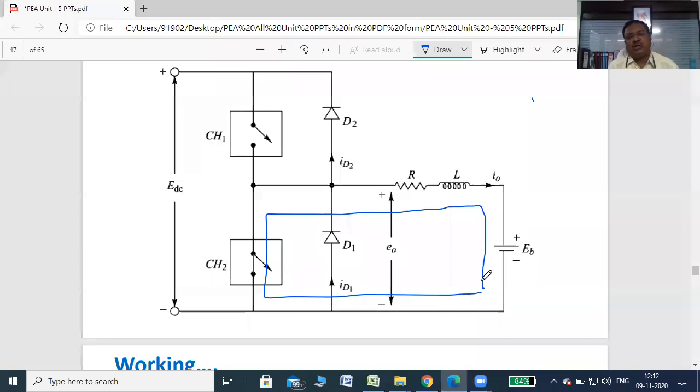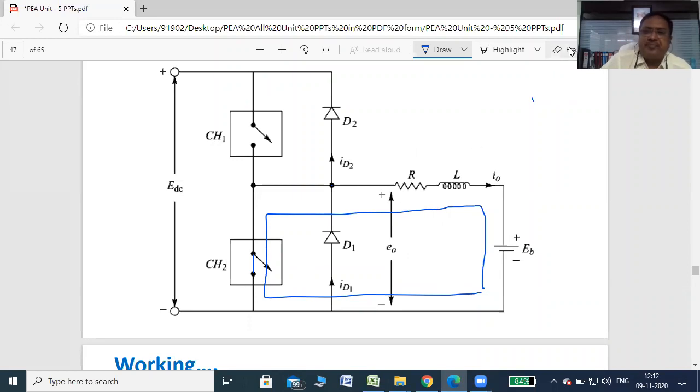Whenever chopper 2 is turned off, the back EMF energy flows through chopper 2. This time the load current is negative. Whenever current is negative, the motor rotates in a reverse direction. This is called forward braking.